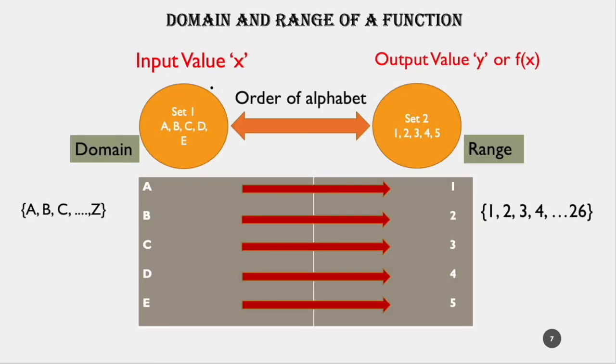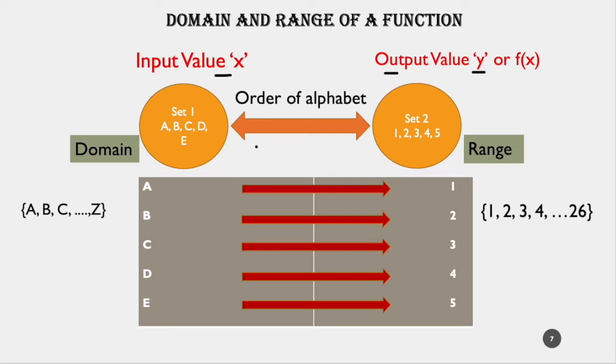Now that we have learned what a set is and what the elements of a set are, to understand how a function relates to sets, we name the set to the left of the function as the input value set, which can be represented by the letter X. And the set to the right side of the function is called the output value set, which can be represented by the letter Y or as f of x.